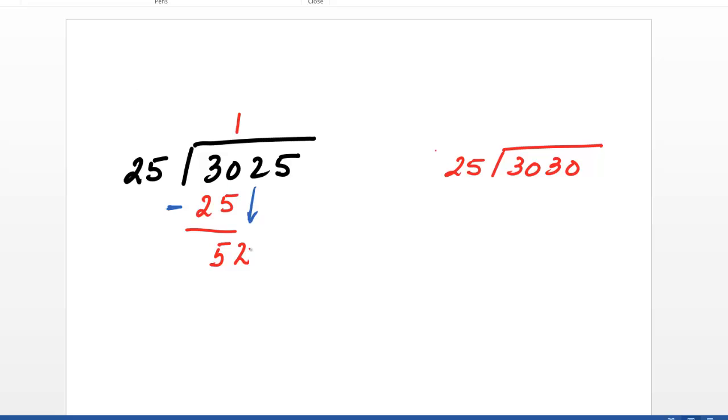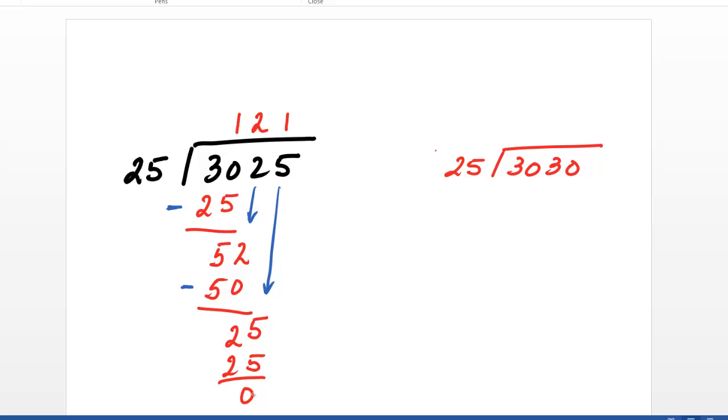And then we see how many times 25 will go into 52. That would be 2 times. So 2 times 25 is going to give me 50. Again, I have to remember I'm subtracting that particular number, leaving me just a 2, and then lastly the 5 dropping down, and 25 goes into 25 one time, leaving me 0.